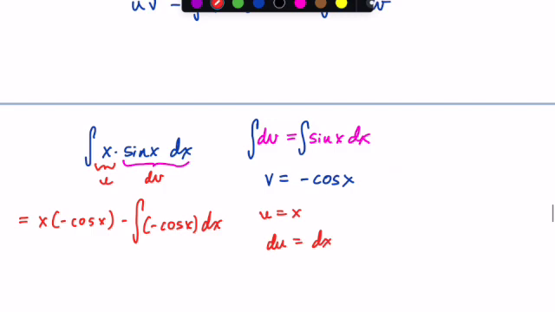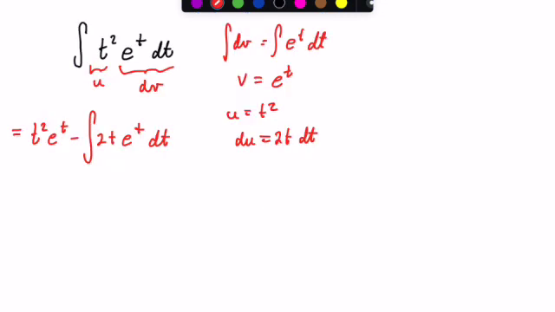So I can take my original integral and rewrite it as u times v. So t squared e to the t minus the integral of v du. So 2t e to the t dt.